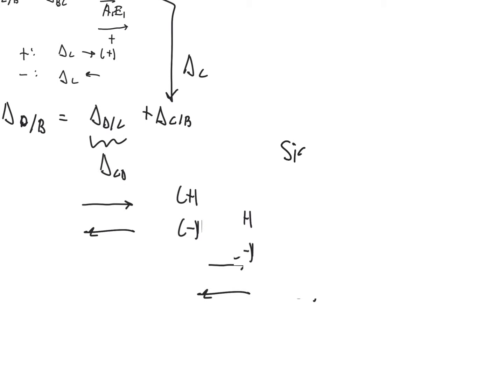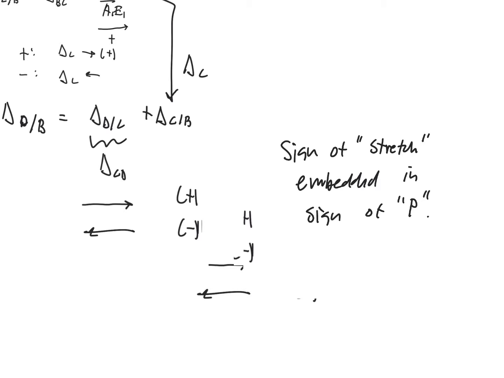So the sign of the stretch is embedded in the sign of the internal bar force that we have. So again, if the P value is plus, that means the right end is moving that way relative to the left end. If the P is minus, then that means it's going to be moving this way.